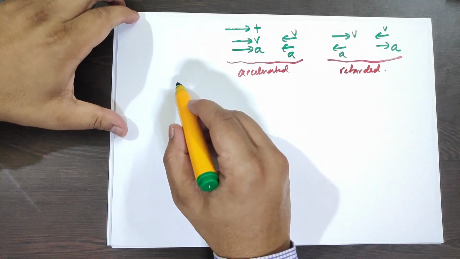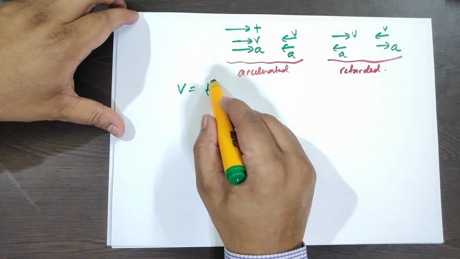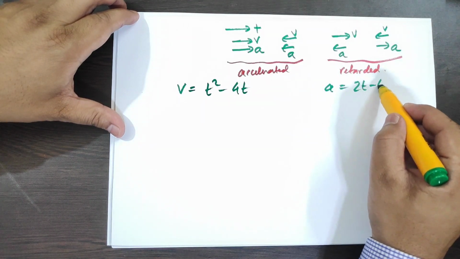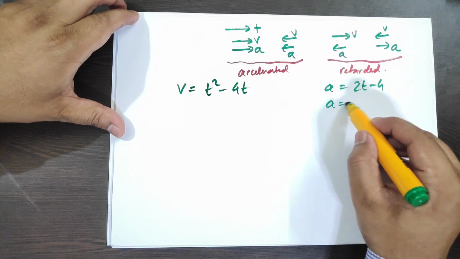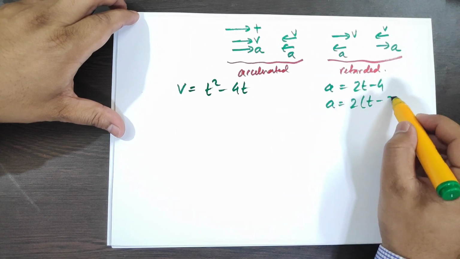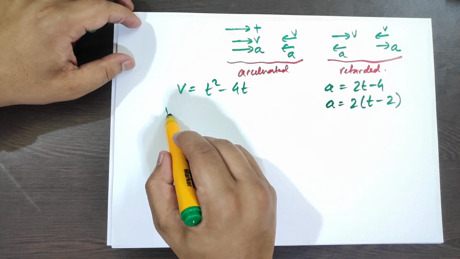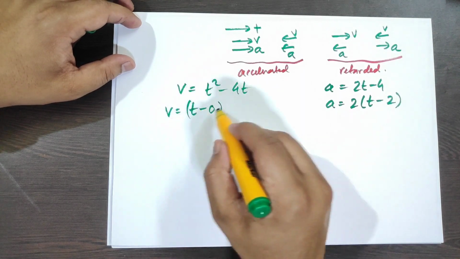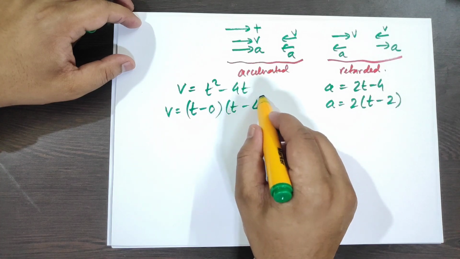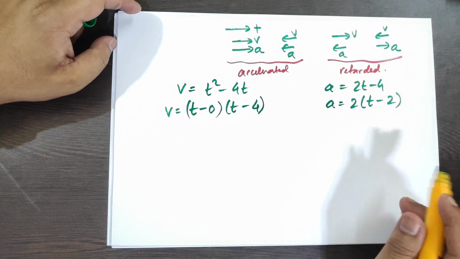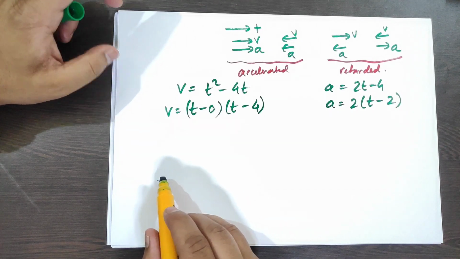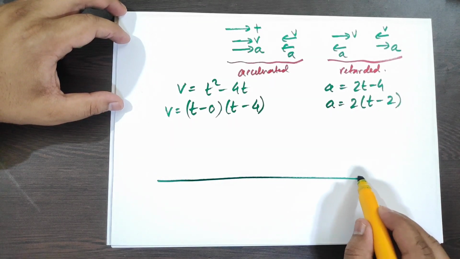Okay, so according to the equations, V is t square minus 4t and A is 2t minus 4, that is A is 2 into t minus 2 and V is t into t minus 4. Okay, so you know, in maths there is a technique of wavy curves, you may have learned it.